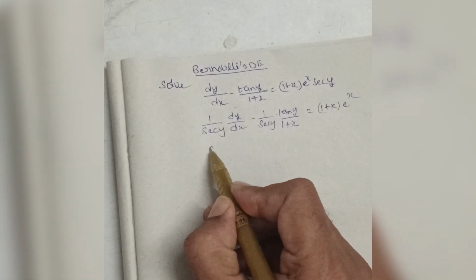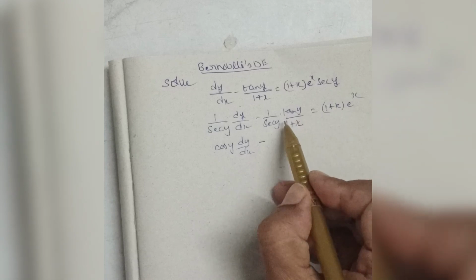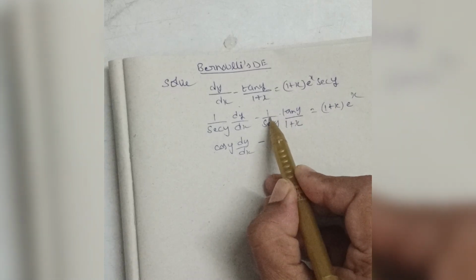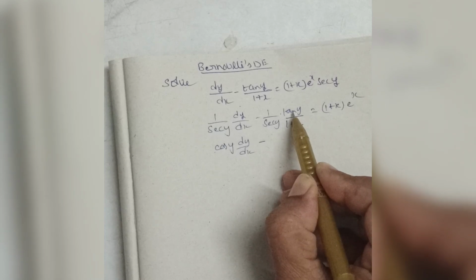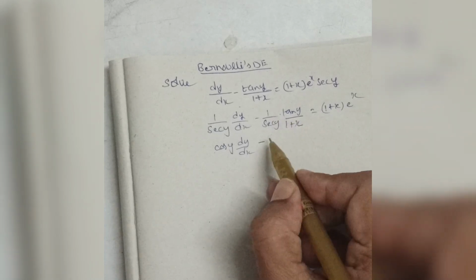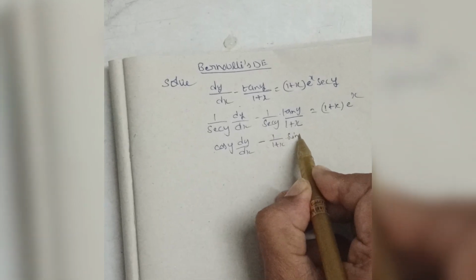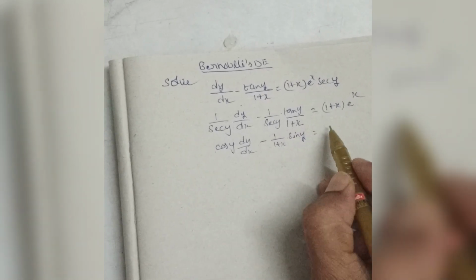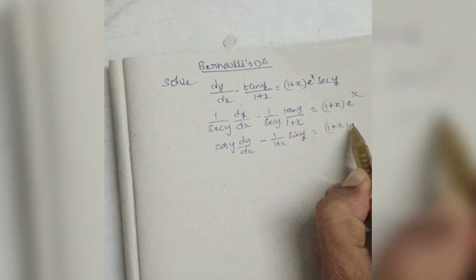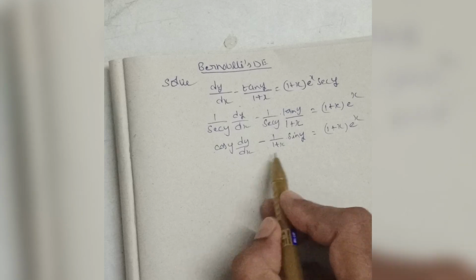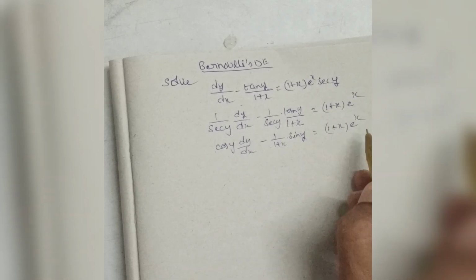So 1 by secant y can be written as cos y dy by dx minus, 1 by secant y is cos y, tan y writing in terms of sin y by cos y, going to cancel, then 1 by 1 plus x into sin y we will get. So right side function 1 plus x e power x. So this is a Bernoulli's DE in the substitution.